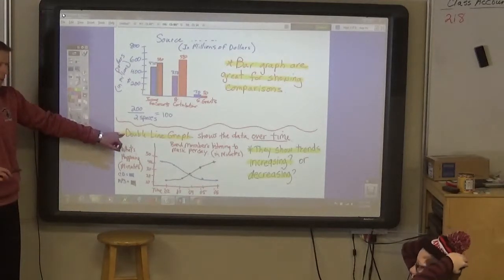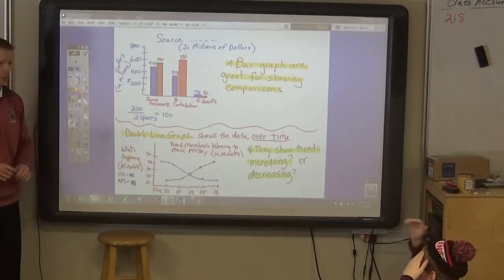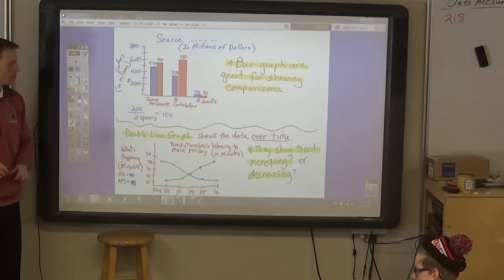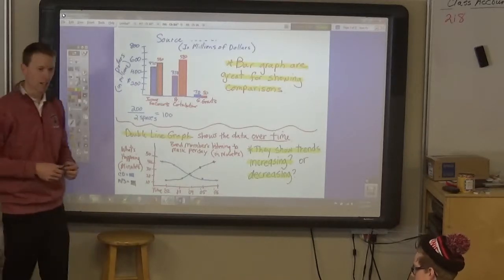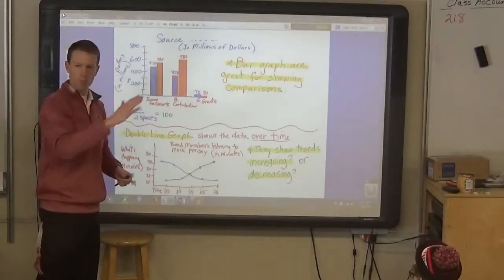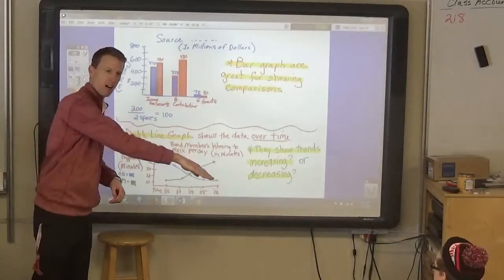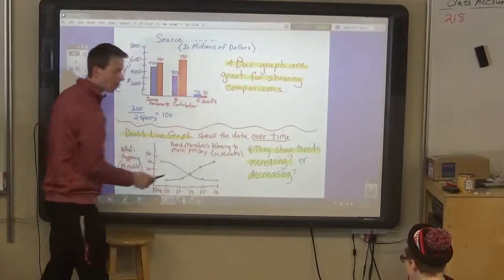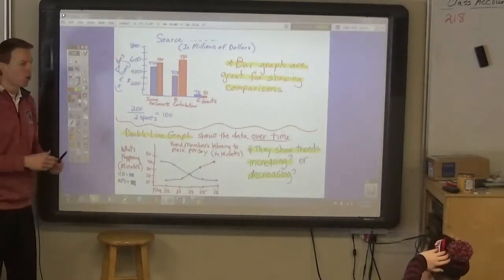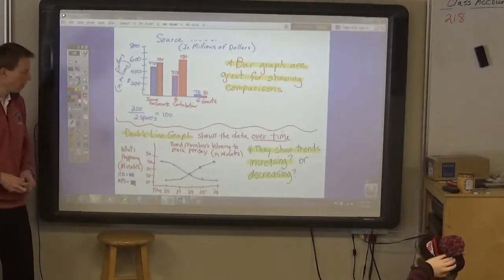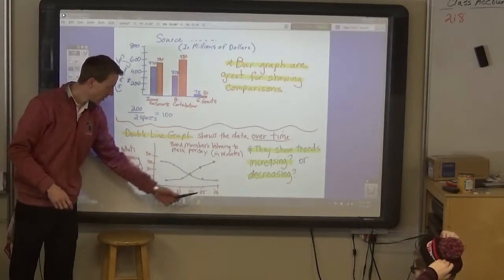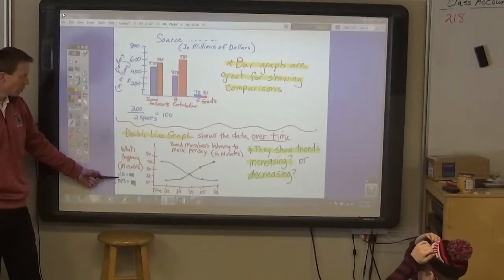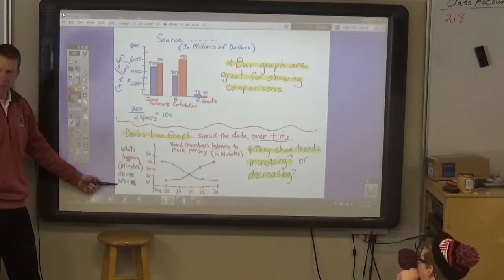What about a line graph or a double line graph? What are those used to show? Trends, increasing or decreasing. Good, trends, whether it's an upward trend or a downward trend. And specifically, it shows what happens to the numbers over what? Time. Over time. In this case, it's in years. Look at this example. What's happened to the use of CDs versus MP3 music?